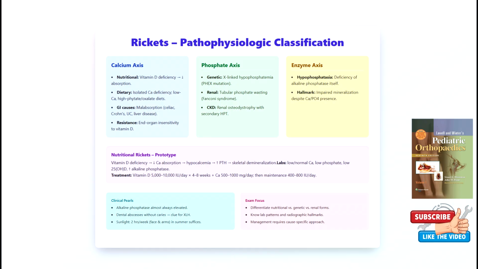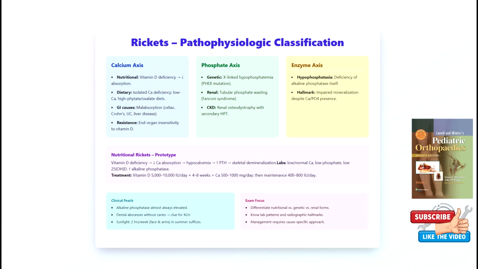And finally, let us move to the most important inherited form, X-linked hypophosphatemia. This is by far the most common genetic rickets, with a prevalence of about 1 in 20,000. It is transmitted as an X-linked dominant trait, which means both males and females are affected, though the ratio of female to male cases is about 2 to 1 because male-to-male transmission does not occur.